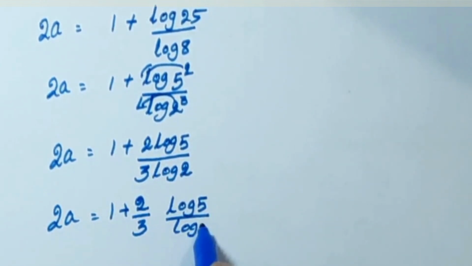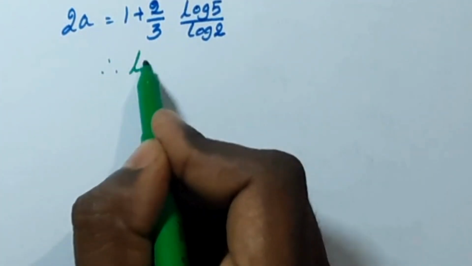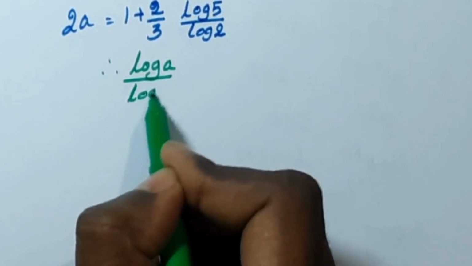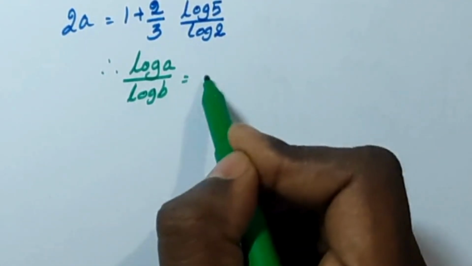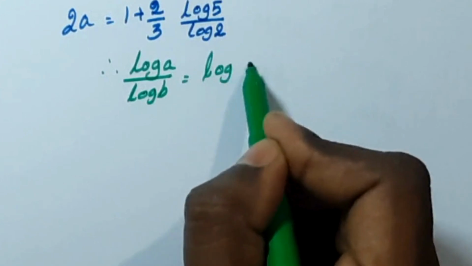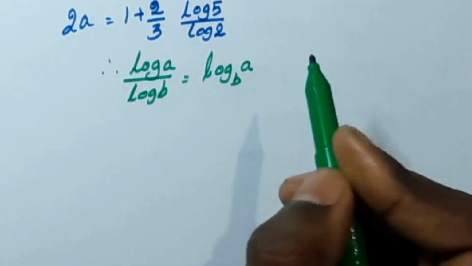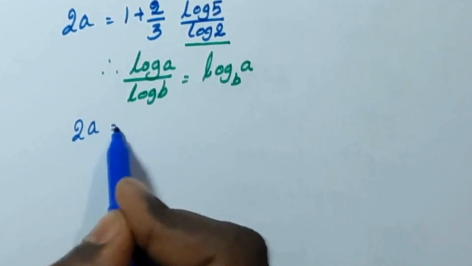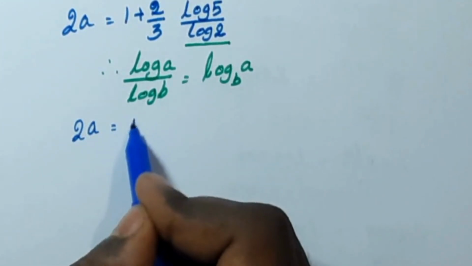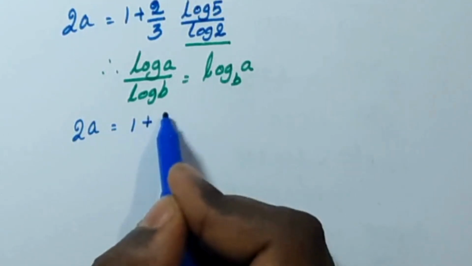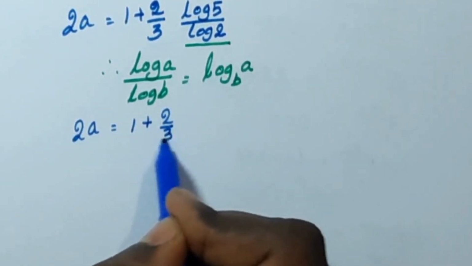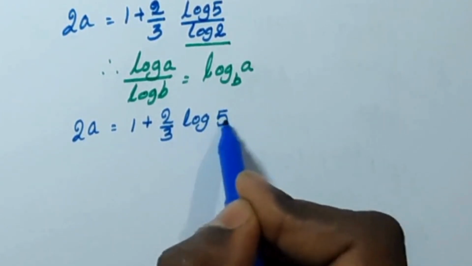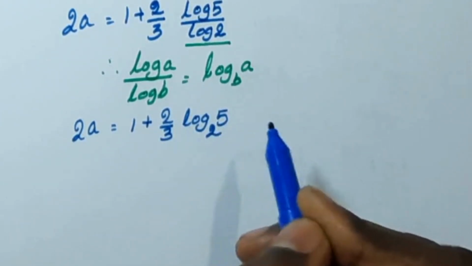As per this log formula, log a / log b = log a base b. We are going to apply this here. 2a = 1 + (2/3) log 5 base 2.